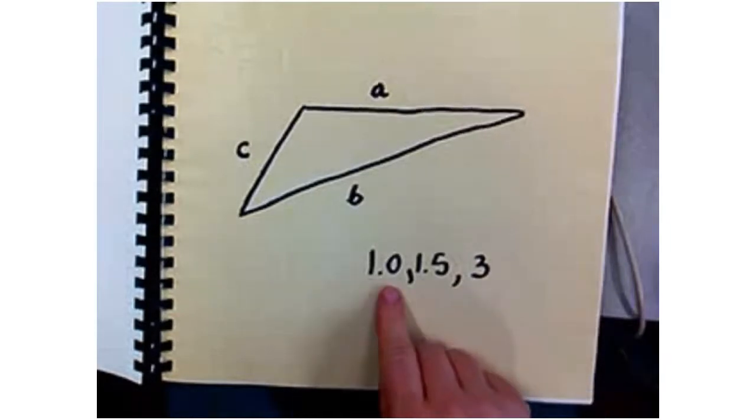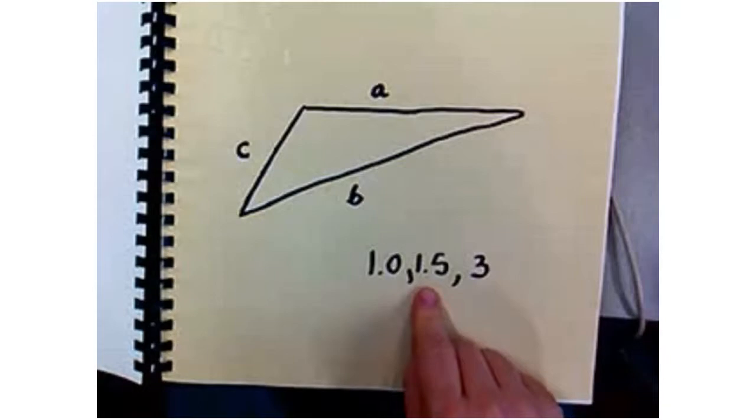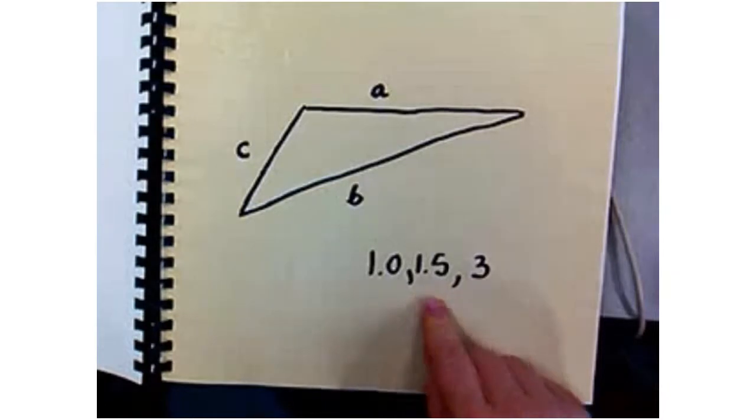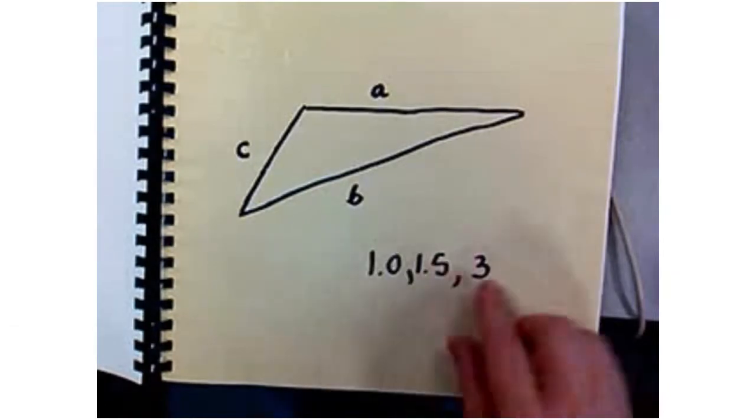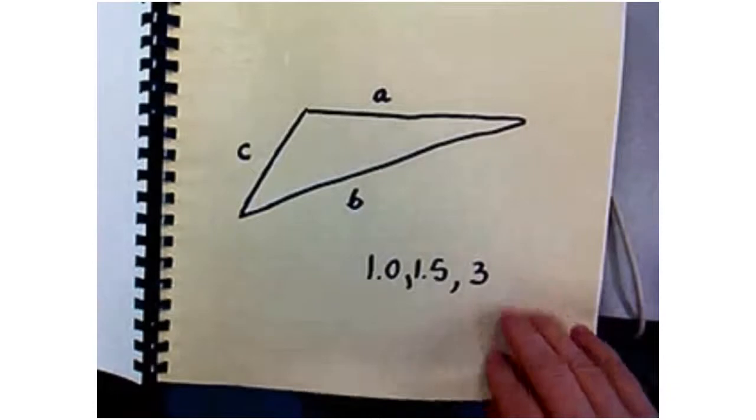If we test it with our theorem, we add those first two sides, and it proves that, because 1 and 1.5 is 2.5, and that certainly is not greater than 3. So therefore, these three sides would not work.